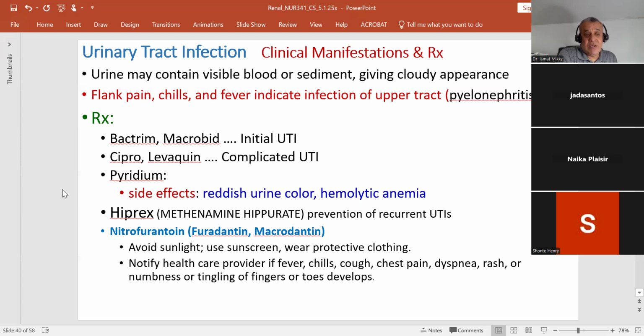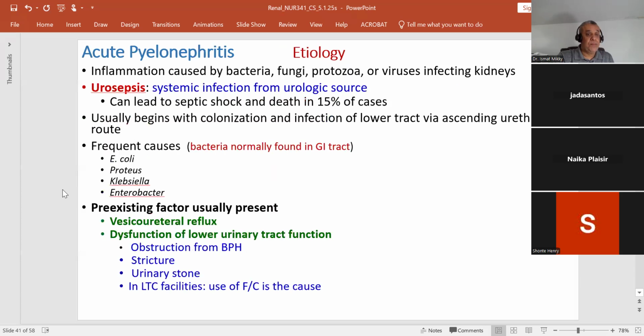We have to teach the patient not to be scared because the urine will become reddish, and they may also develop hemolytic anemia. These are some side effects of pyridium. Nitrofurantoin is also very effective. The patient should avoid sunlight to protect the skin.